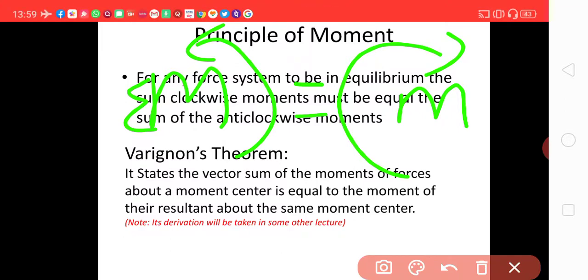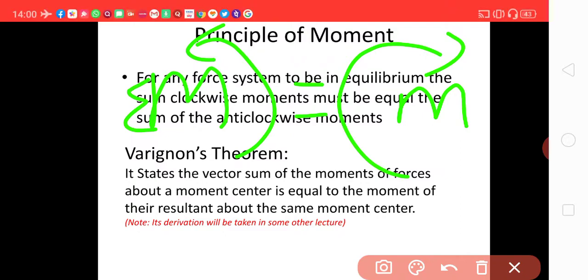Again, if a system of forces is acting on a body and this system of forces is coplanar and non-concurrent, and the body is in static equilibrium, then the first two conditions are automatically established: summation of horizontal forces is equal to 0, and summation of vertical forces is also equal to 0.